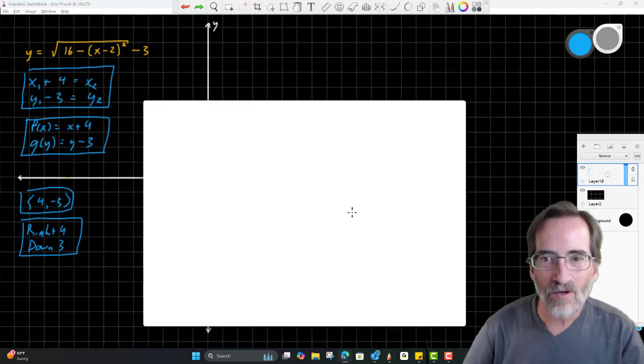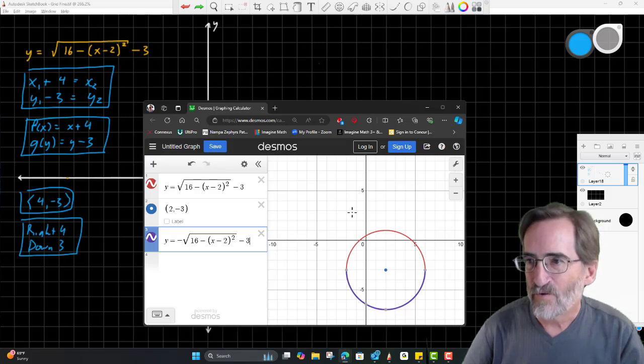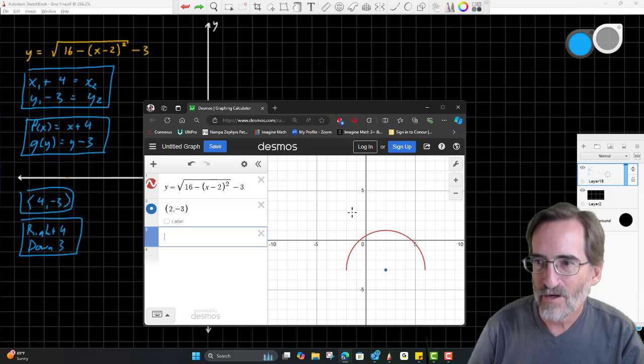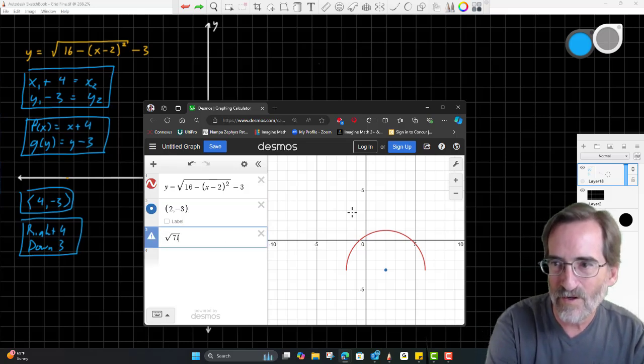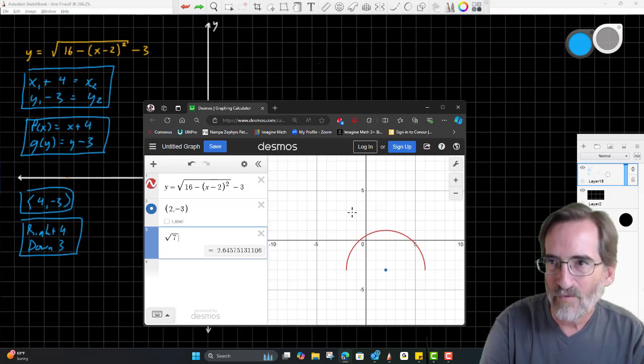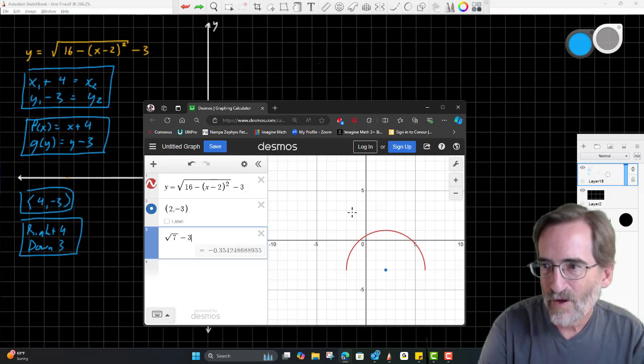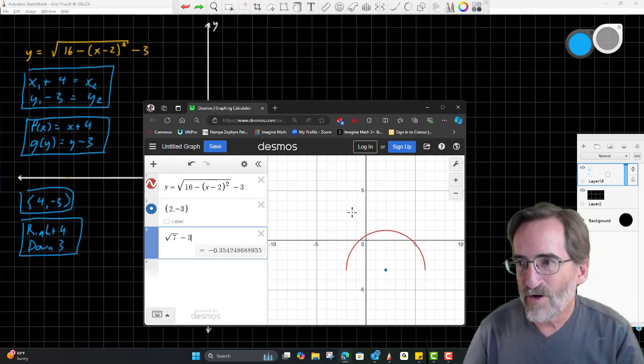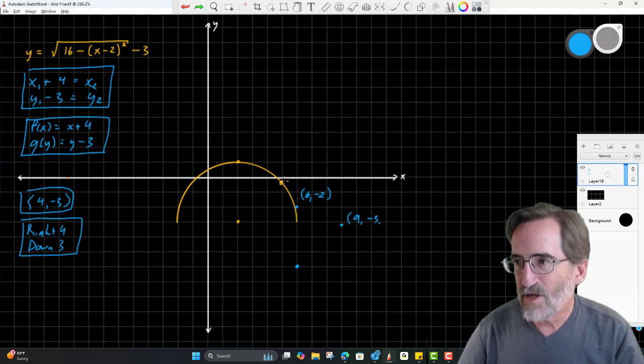You may recall, it was square root 7 minus 3, which is negative 0.35.